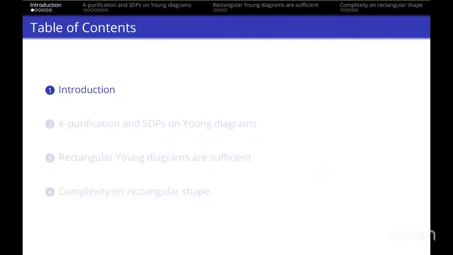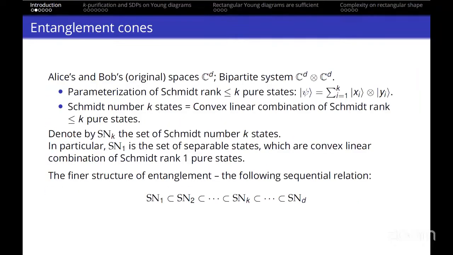Let's begin the introduction. In order to characterize quantum states, we consider bipartite quantum states. We have some setting, the dimension d, and the bipartite space. For any Schmidt number no more than k state, we can write it in this form.